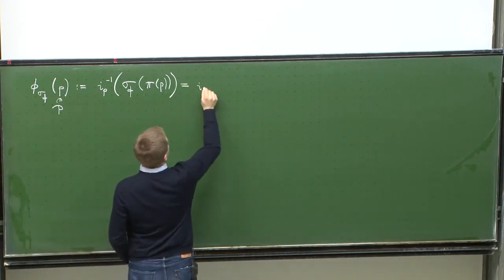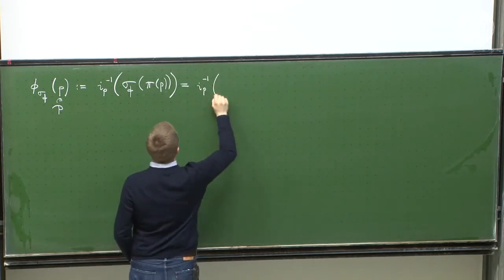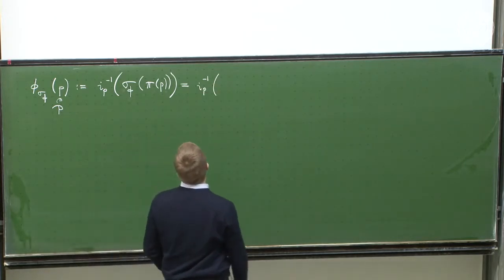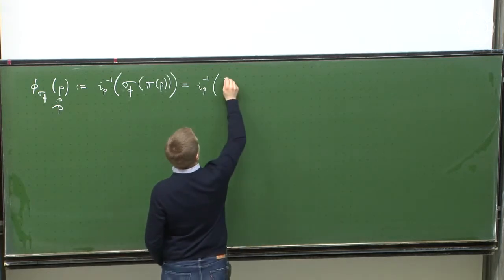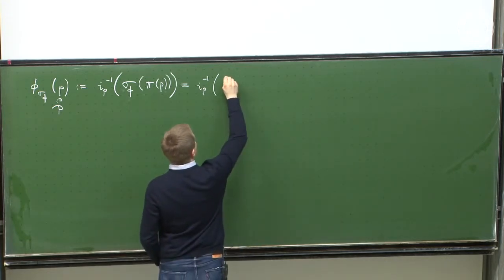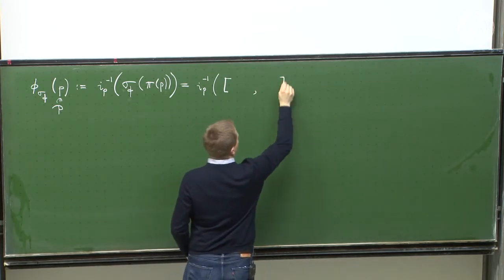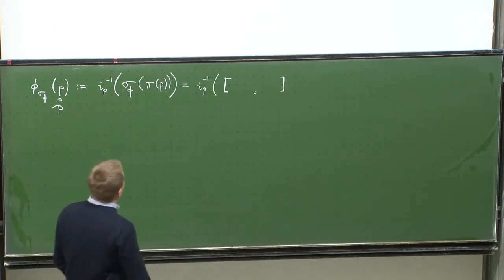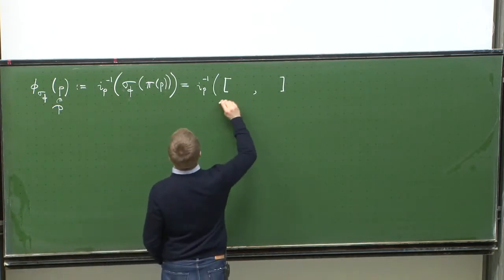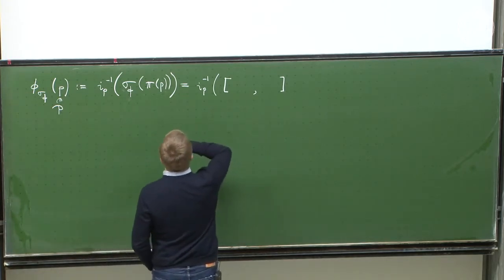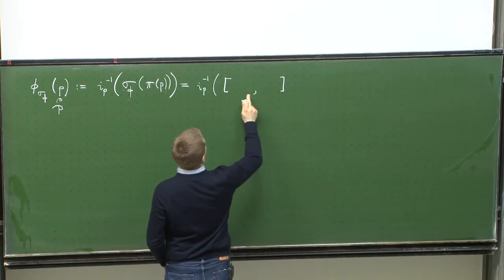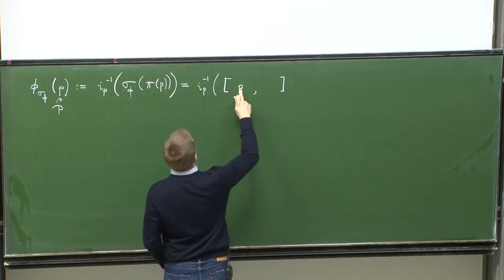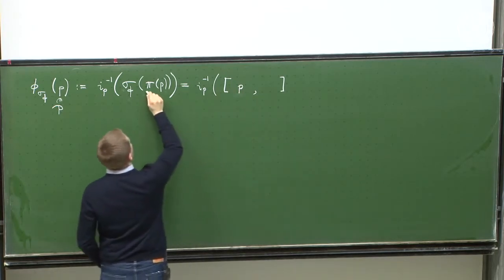Now this is IP inverse of, so what was the sigma sub phi? The sigma sub phi was an element in the associated bundle, so it can be written like this. And it was the one where we took some P in the fiber over this point.